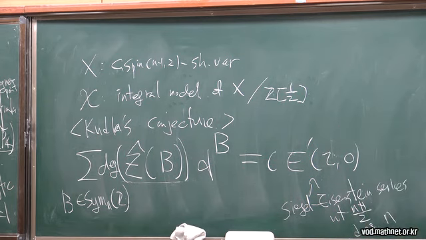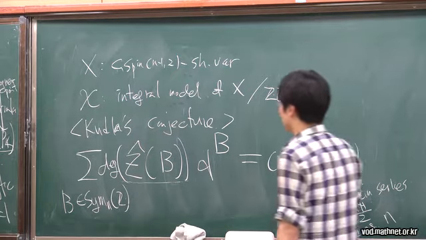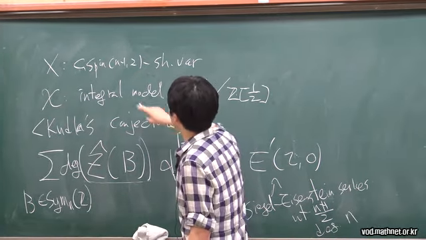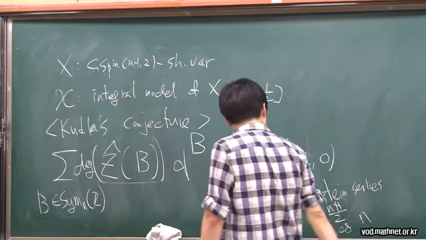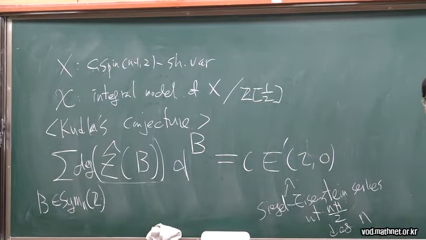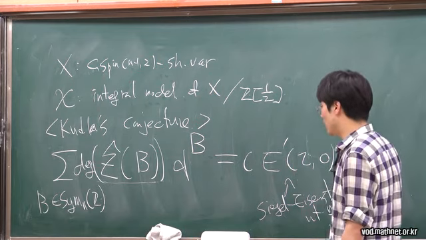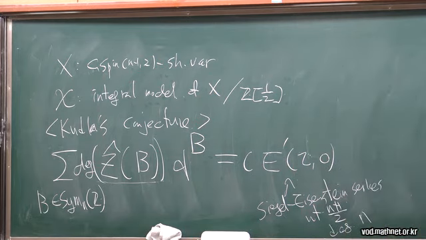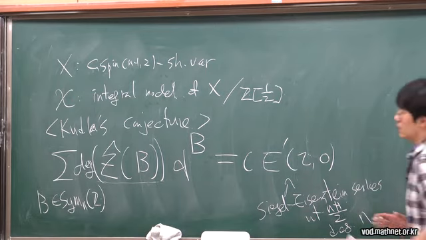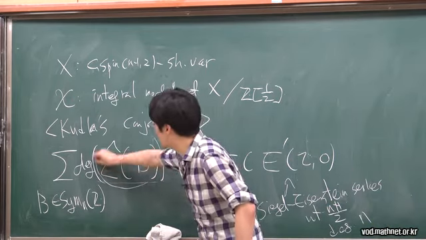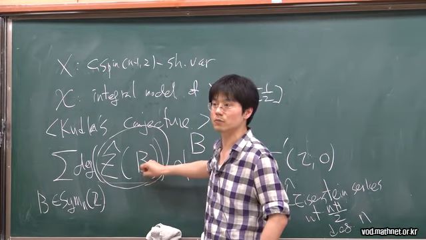Kudla and Rapoport verified this only when n is 2, in his long series of papers with Rapoport and Tonghai Yang. But even in the general case, it is not clear how we can define such special cycles. This is not quite precise.